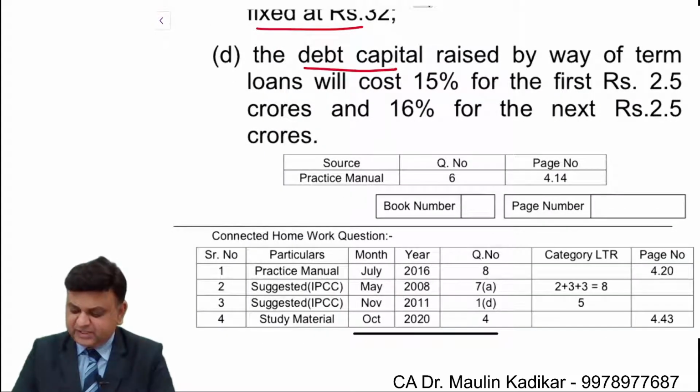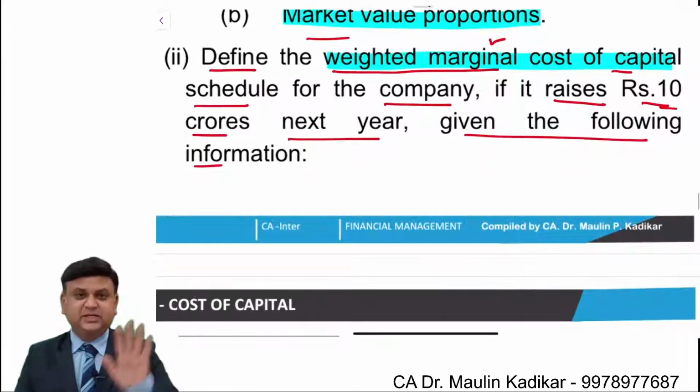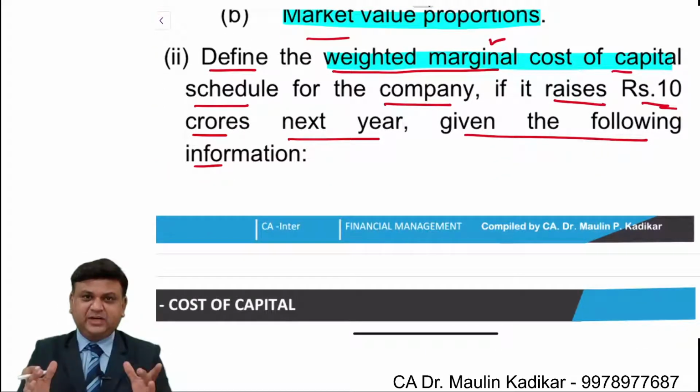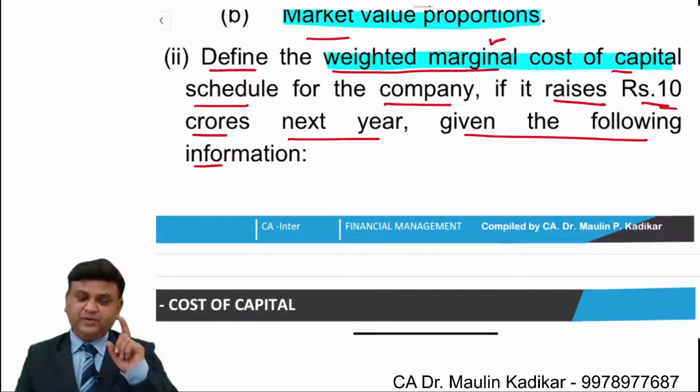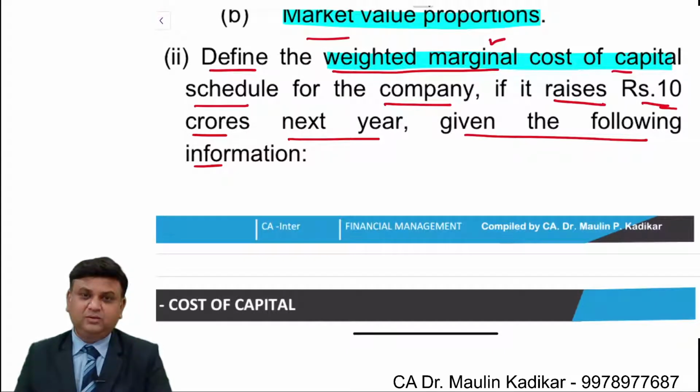The debt capital raised by way of term loan will cost 15% for first 2.5 crore and 16% for next 2.5 crore. So in respect of the debt financing of 5 crore, again the bifurcation is given. What would be the cost for the first 2.5 crore and what would be the cost for the remaining 2.5 crore.